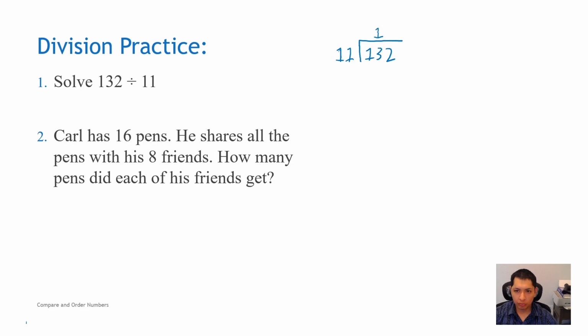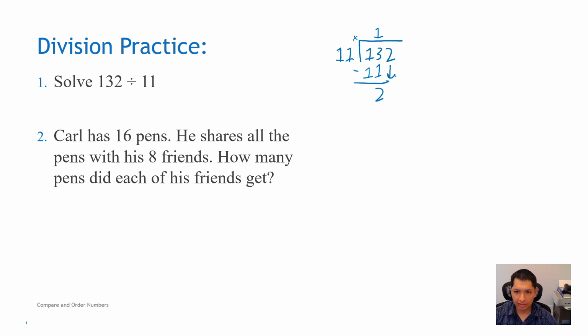And you'll notice that I wrote the 1, the quotient, above the second digit, because that's how many digits we're comparing. If it was only a 1-digit number and there was a number we could divide by the first, then I would write it over the first digit, but we're going 2 digits, so over the second digit. So 11 times 1 is 11. So I subtract 11 from 13, and that gives me 2.